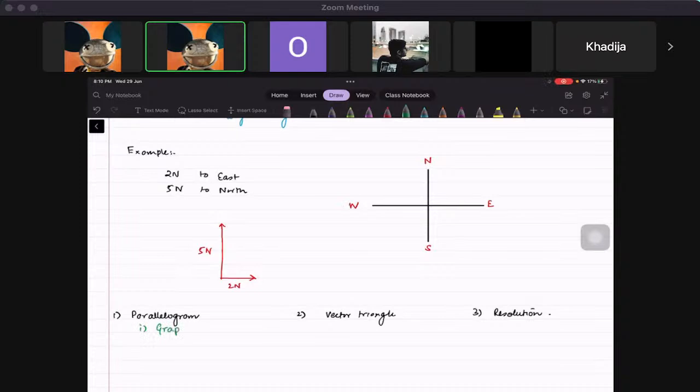Now, parallelogram method is just graphical, but vector triangle is not only graphical, but you can also use math to solve it, so we can call it analytical as well. However, resolution is only analytical, and you have to use your mathematics to solve this.